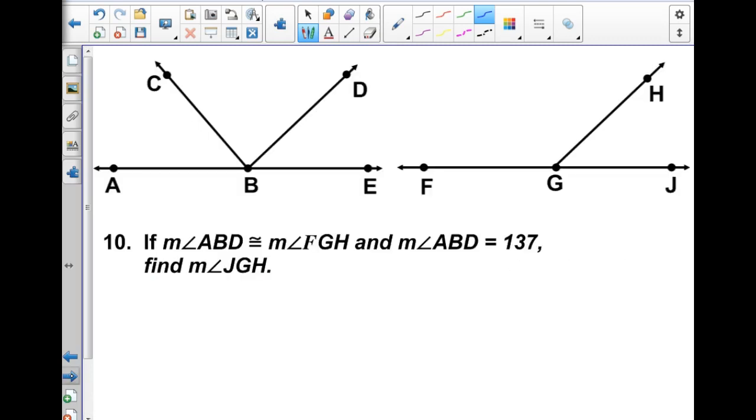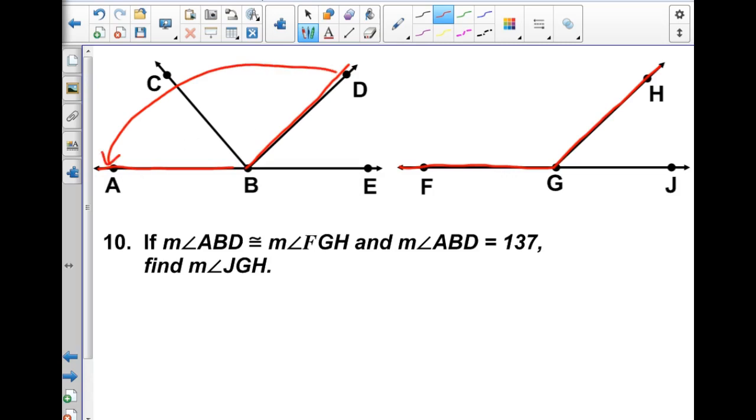All right, this question I think we're using for 2, 10, and 11. It says the measure of angle ABD, you want to find your angle first, is equal to the measure of angle FGH. So they're saying that those measures are equal.